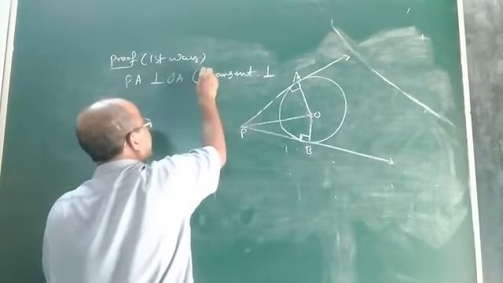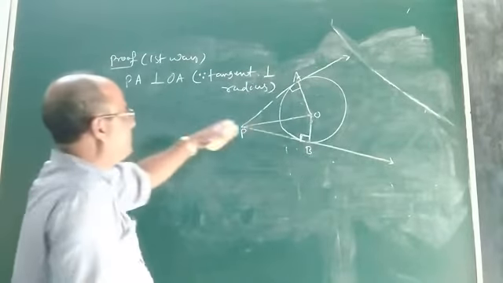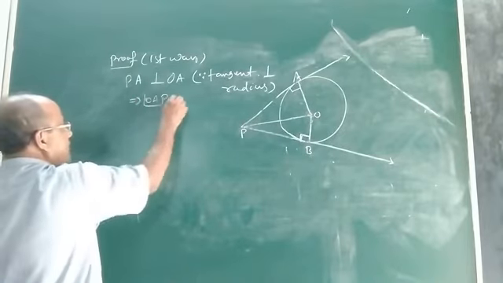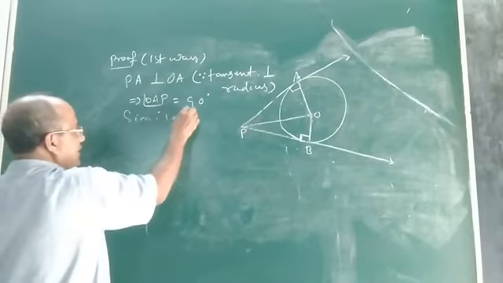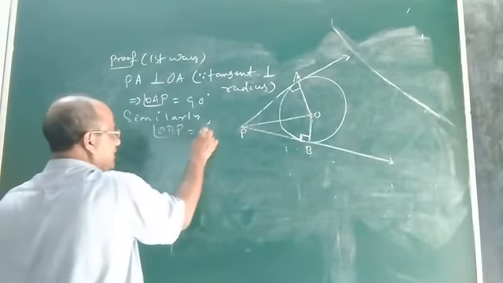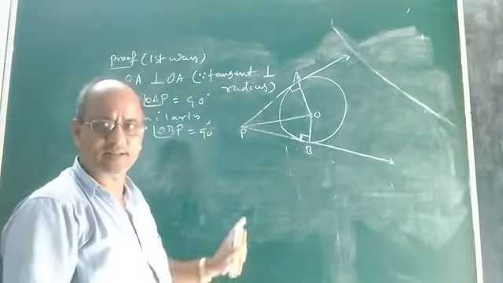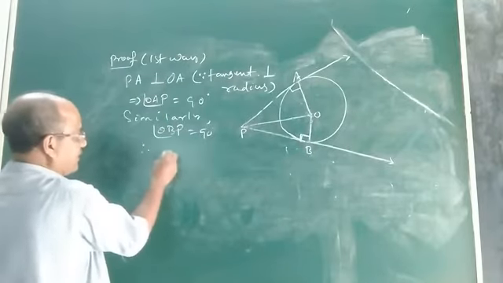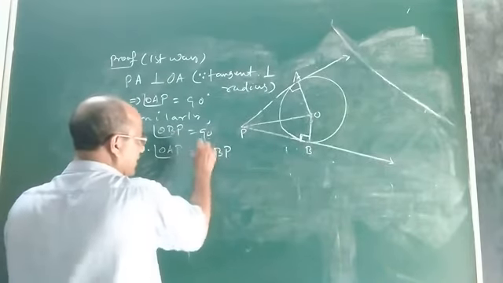So PA will be perpendicular to OA, that means angle OAP will be 90 degrees. Similarly, angle OBP will be 90 degrees, because PB is tangent and OB is radius. Radius and tangent are perpendicular, so no doubt angle B will be 90 degrees. That means angle OAP equals angle OBP, each 90 degrees.